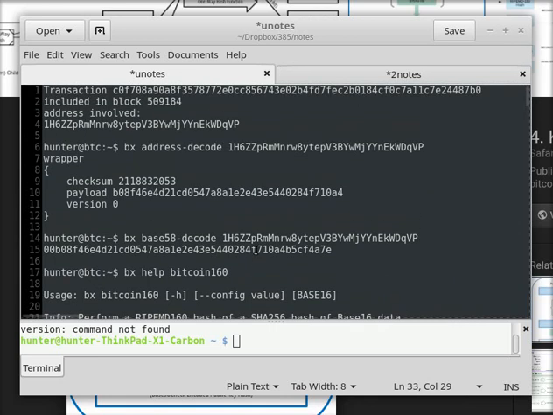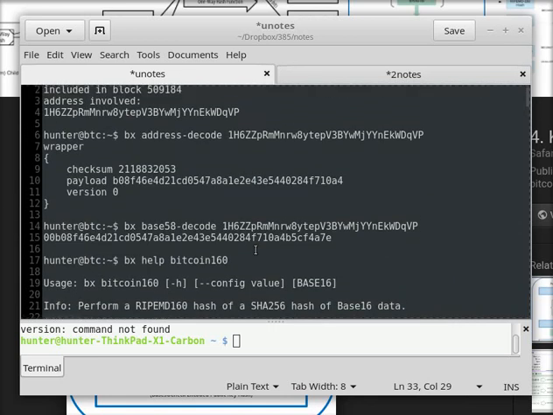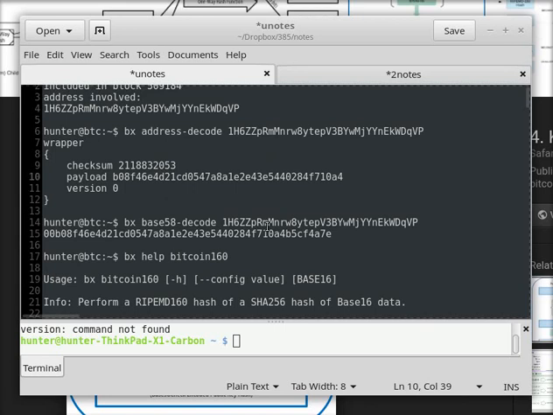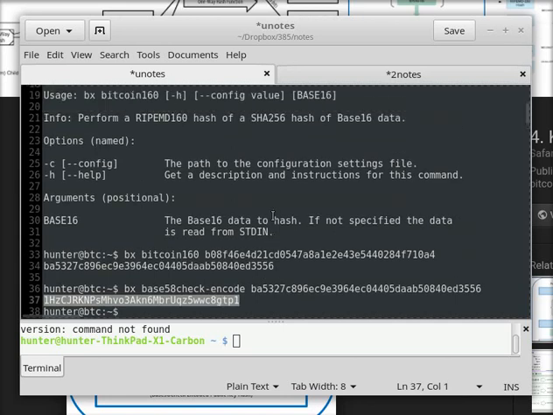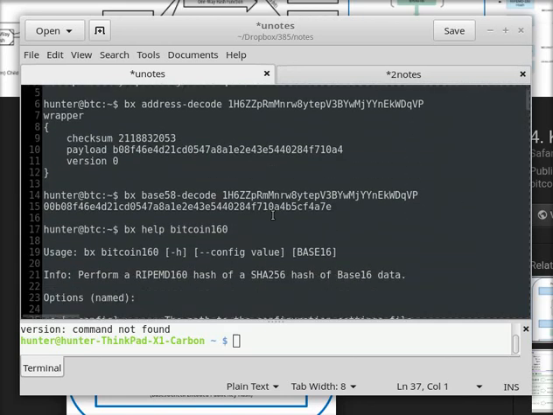What am I doing here? Yeah, this is the hash, right? So I'm double hashing this, and then I'm base 58 encoding it. And that's giving me this. Is that the same as the original Bitcoin address?